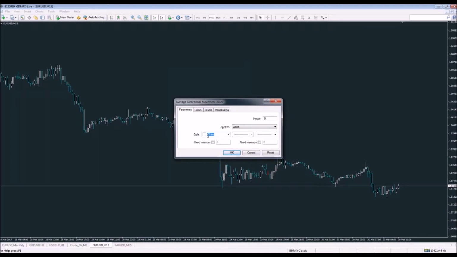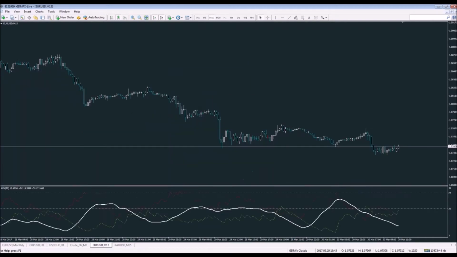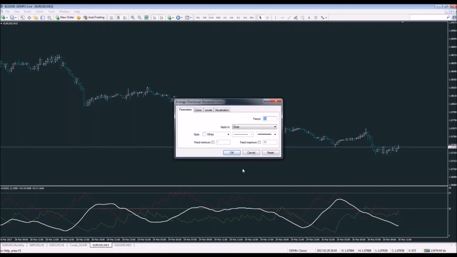However, the color for our particular average directional movement index is going to be the same as our background, because we're going to hide it. But first of all, with a period at 50, let's have a look at the way that it normally looks. As we can see, it's the average directional movement index everyone is used to looking at.